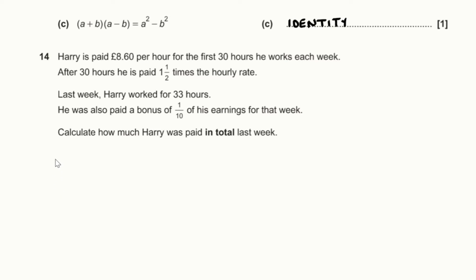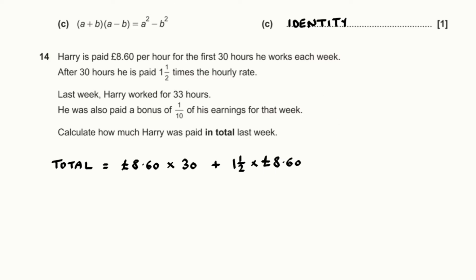So we've got the total amount equaling, well, we've got £8.60, and then we multiply this by 30, so those are the first 30 hours, and then we've got 1.5 times £8.60.